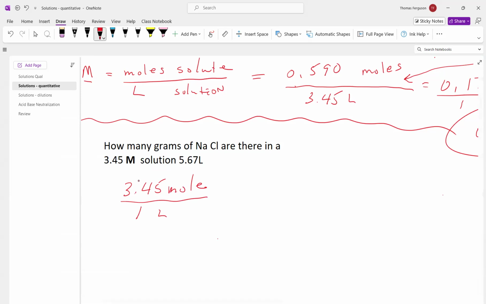That 3.45 M means we have 3.45 moles in 1 liter. We don't have 1 liter, we have how many liters? 567. So if we multiply that by 567 liters, we'll find out how many total moles we have.